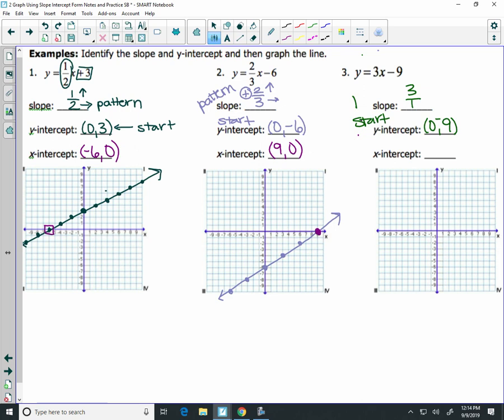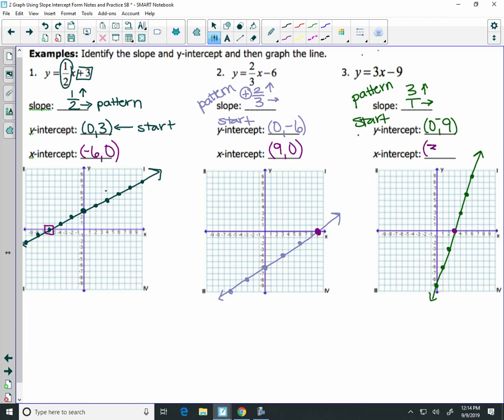And my pattern from there is going to be up 3, right 1. Oh, that one's so silly. 3. 3. Yes, the X-intercept. Absolutely. Thank you.